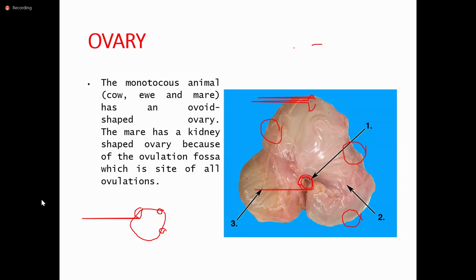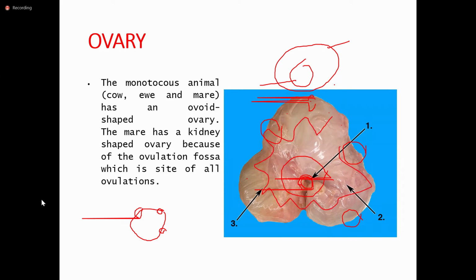The normal ovary is we have the cortex or the outer part, and then we have also the medulla or the middle part. But for the horse, this is the cortex and this is the medulla. And let me remind you that in these two parts of ovary, we have different structures present here.